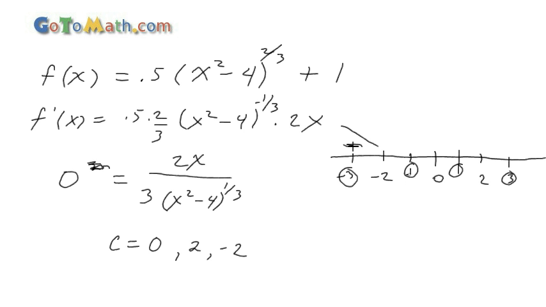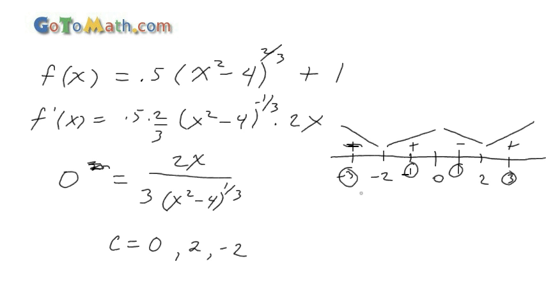I left off all my negatives, I noticed. So sorry, negative in the numerator, negative, and so that's going to be positive. So it's going to be increasing, and then plugging 1 in, we're going to get negative in the denominator. Going down to 2, plugging 3 in, positive, positive, we get positive.